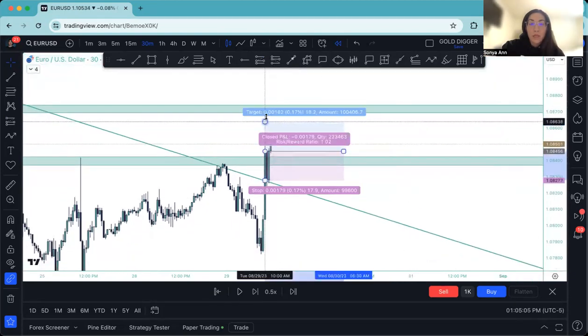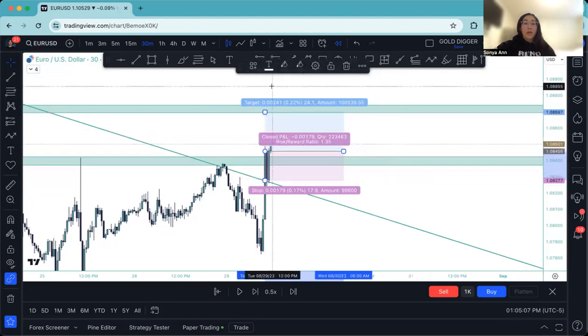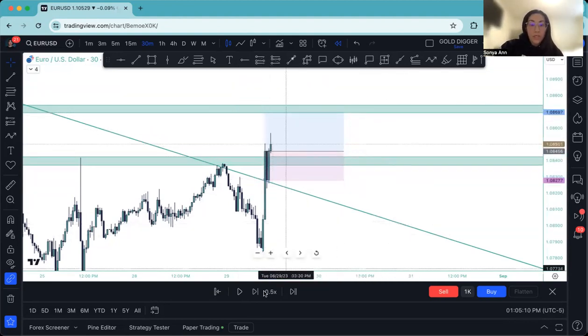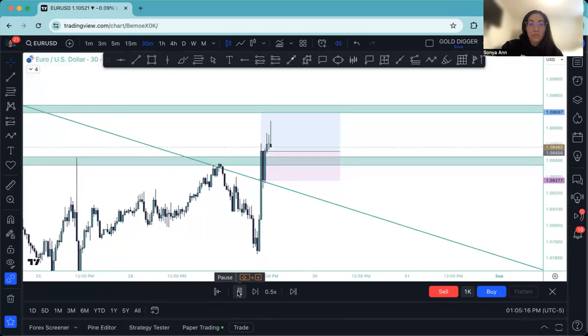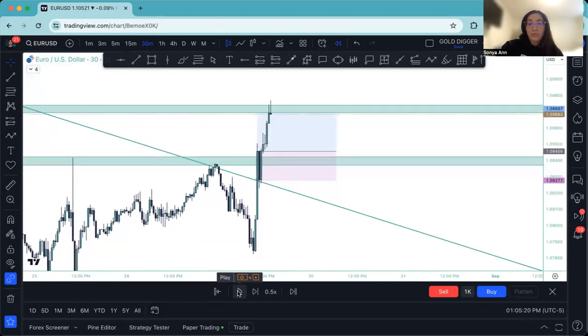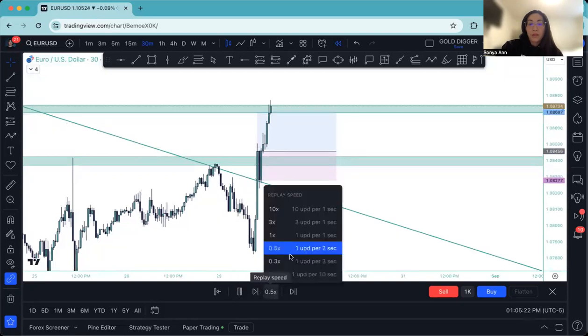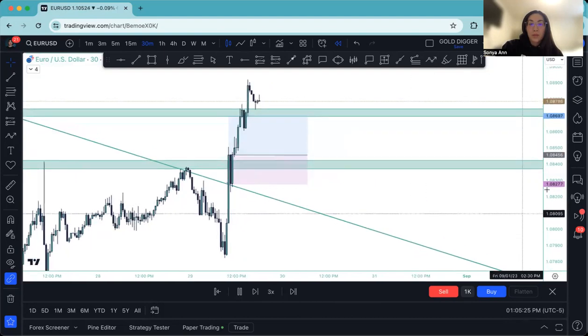And then we would take it to its next zone. And that's basically a 1-to-1. So let's see what it does. And there we go. Let's speed it up and see what it does.